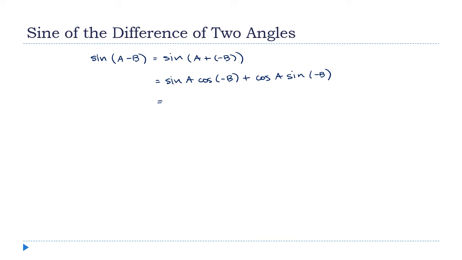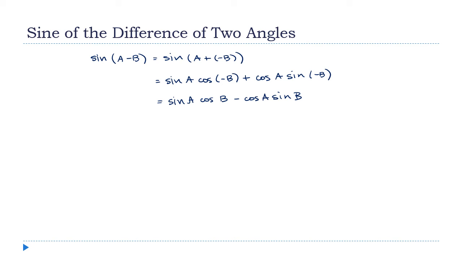Now I'm going to use those negative angle formulas. This is the sine of A cosine of B, and the sine of minus B is minus sine B. So this is minus cosine A sine B. Okay, so we've got the same kind of pattern taking place here.